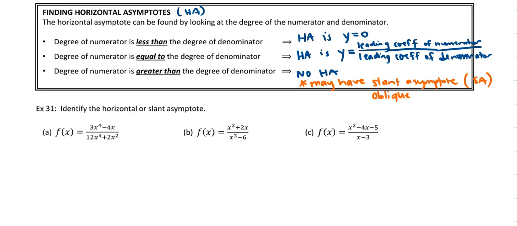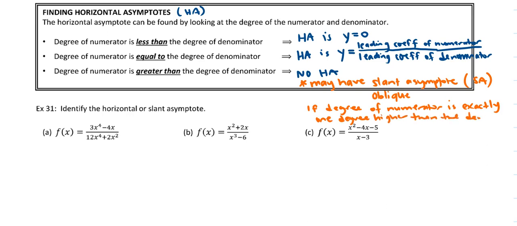And it only has a slant asymptote if the degree of the numerator is exactly 1 degree higher than the denominator.